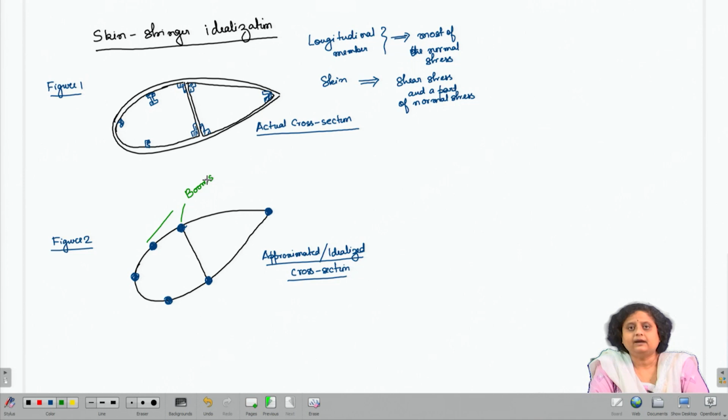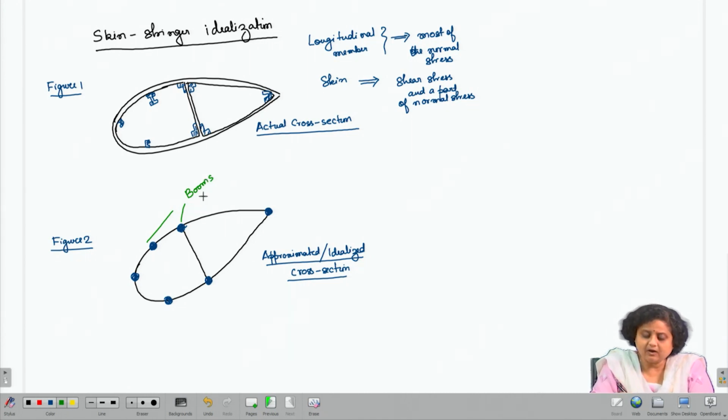Okay. And we consider that these booms are going to take the entire normal stress. So, let me just repeat, at the location where the stringers are, we place concentrated areas called booms. The booms are going to withstand the entire normal stress and the skin will not withstand any normal stress.